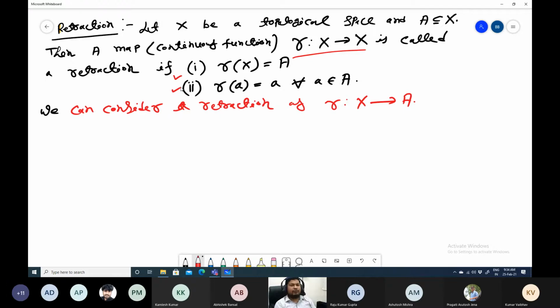Now, can you give me one quick example of retraction? Say my X is R, or anything. Just give me one retraction. Constant map.